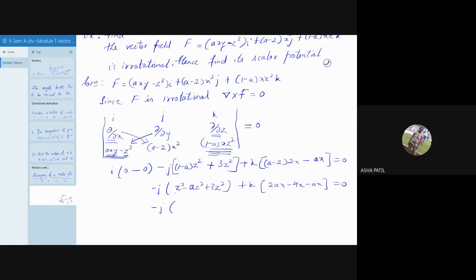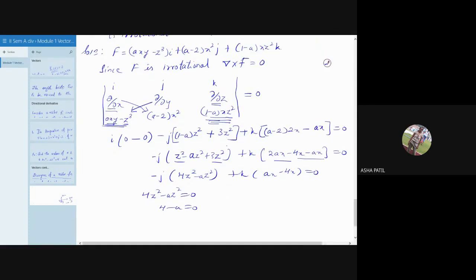Yes, any you can take. z square plus 3z square means it is 4z square minus az square, plus k, and here 2ax minus ax means it will be ax, then minus 4x equal to 0. Now each of the components must be 0. That implies 4z square minus az square equal to 0. Taking z square outside, 4 minus a is 0, and that implies a equal to 4.